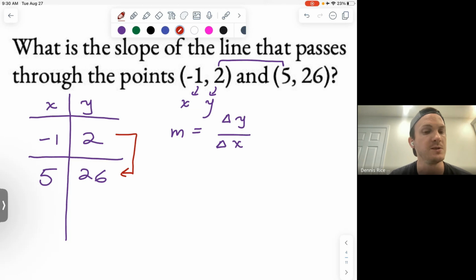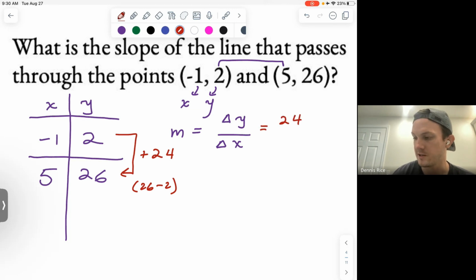So we're going from 2 to 26. How much am I changing? I went up 24. If I was really confused about that for whatever reason, and I couldn't do it in my head, maybe there's larger numbers, maybe there's some decimals or fractions, what you're really doing is the formula. You're doing the second value minus the first one. It's almost easier to do it as mental math than to think of it as a formula.